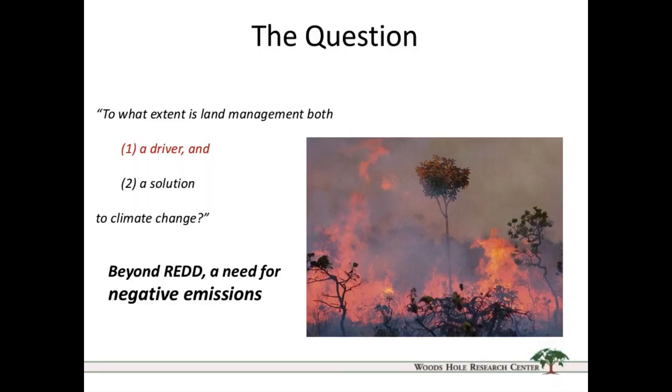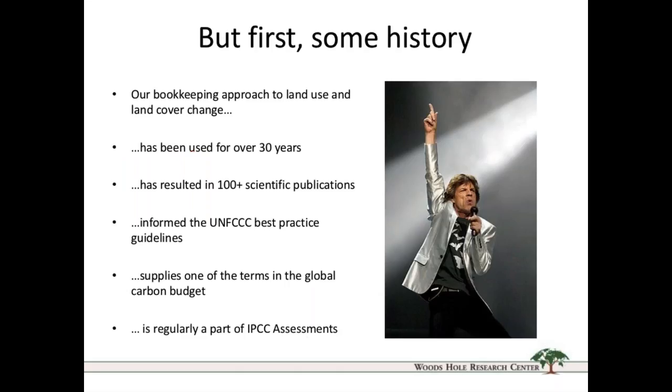Okay. First, a little bit of history, just to make the point. The bookkeeping approach has been used for over 30 years. It's been the basis for a number of publications. It's used in IPCC assessments. The results are honest. It's a well understood and well used model.